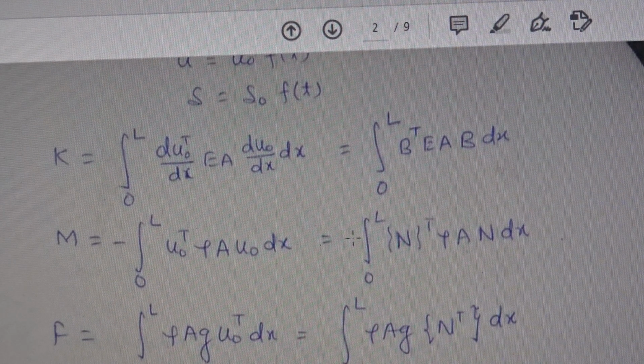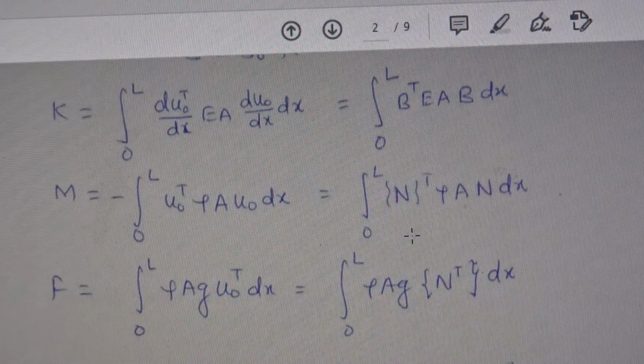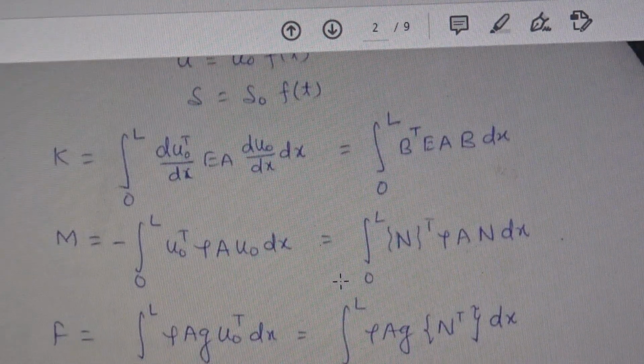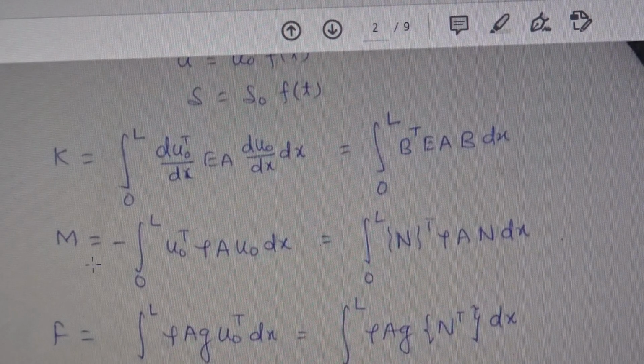This one is the m, and f is equal to integral 0 to L rho A g u transpose dx, and then f is equal to rho A g N transpose dx. In all the terms, this one is the k, this one is the m, and this one is the N transpose.